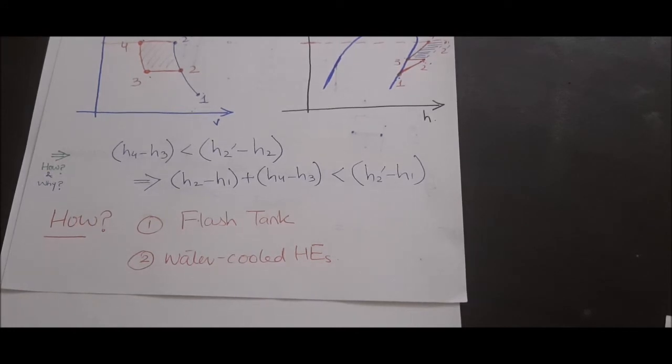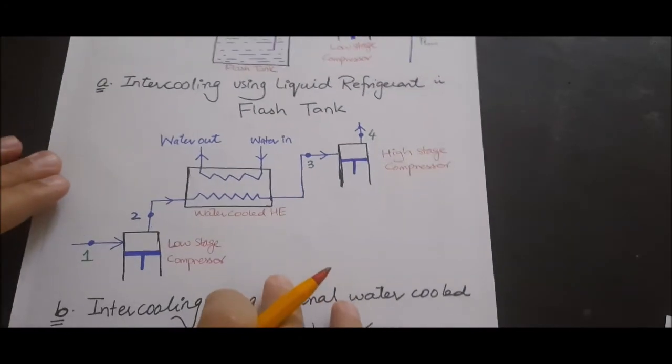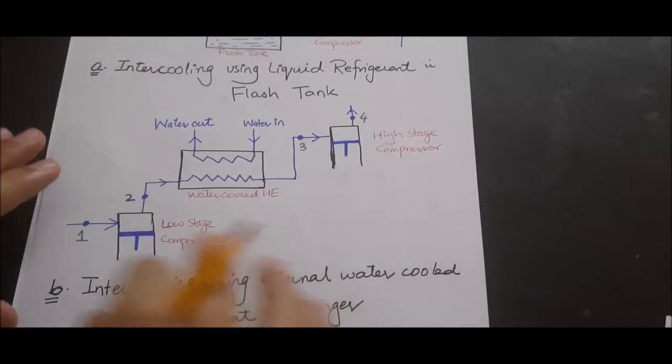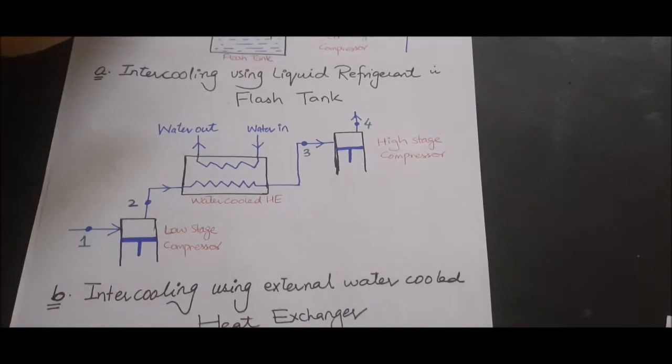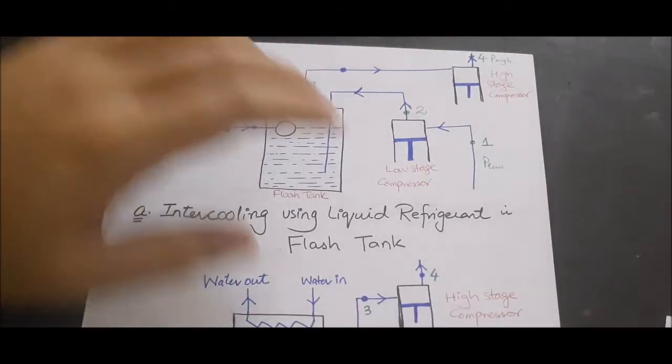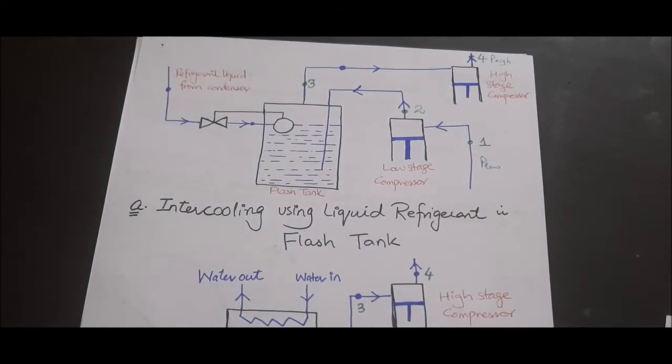Now how that takes place and how that works, we are going to see in these diagrams. So the first, you can see that it is using the flash tank. So intercooling using liquid refrigerant in a flash tank.